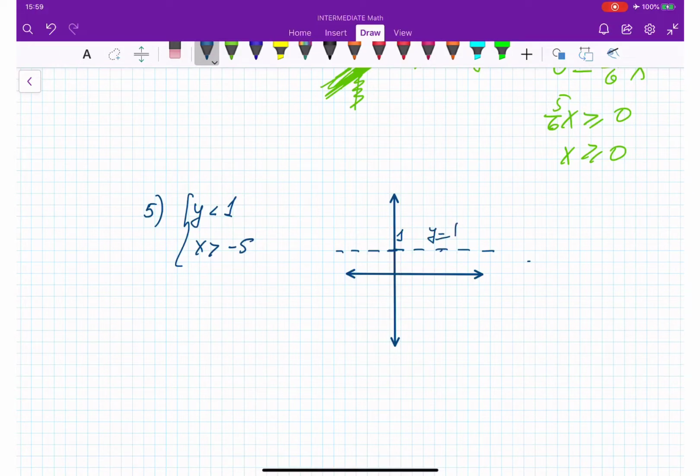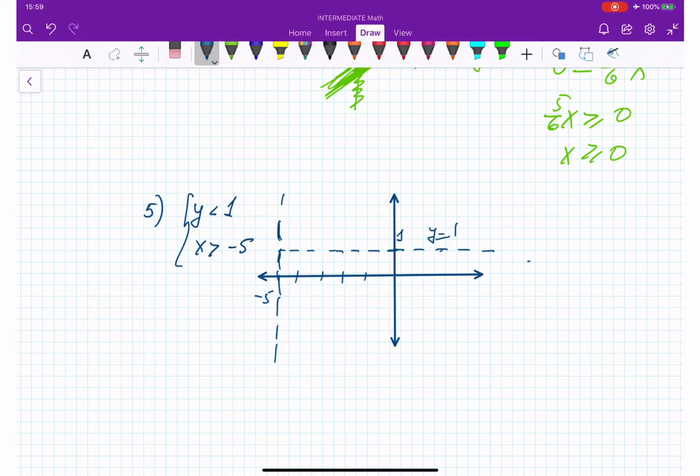Now for x is equal negative 5. Where is negative 5 going to be? It's going to go by 2. 1, 2, 3, 4, 5. Okay. It's going to be also dashes. And this is our negative 5.